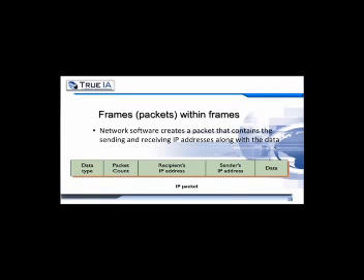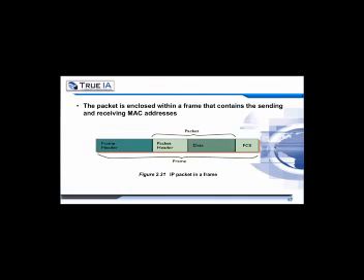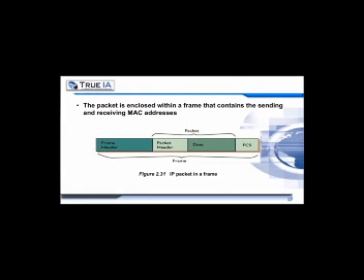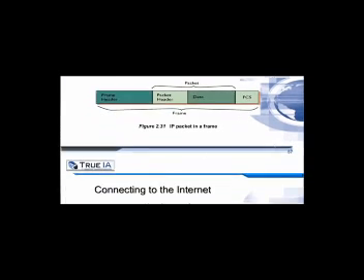Network software creates a packet that contains the sending and receiving IP addresses along with all that data. You need a couple more pieces of information, like the data type and the packet count, but we'll get into that again later. So now we have our packet that is enclosed within the frame that contains the sending and receiving MAC addresses, as well as the IP information.